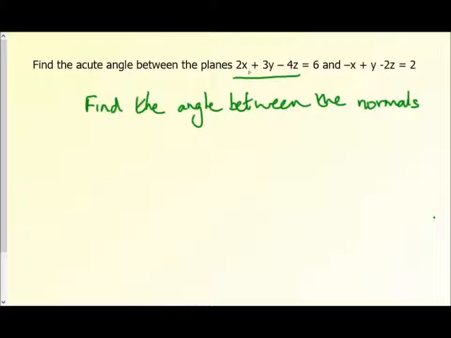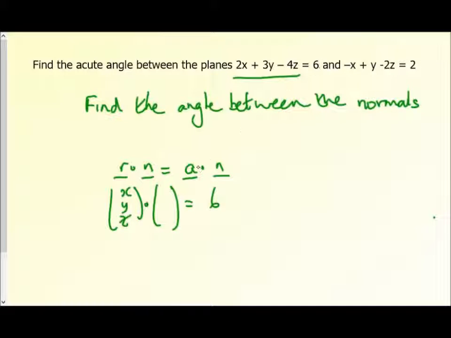Well, if you remember, this is the Cartesian form here, and we can switch from the Cartesian form back to the normal form very, very quickly. So just to remind you one more time, r dot n equals a dot n is our normal form. X, Y, Z here dot the direction of the normal is going to give us our value here. The dot product of those is going to be 6 in this case.